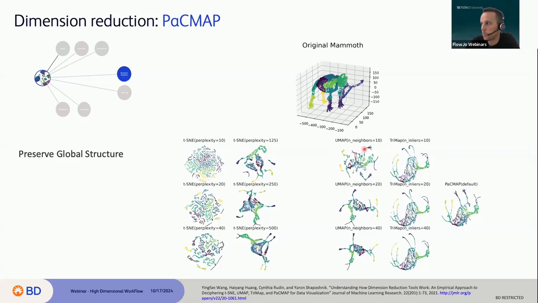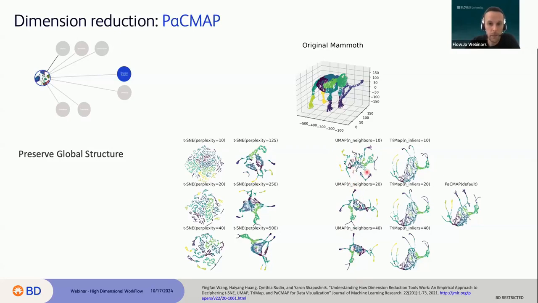We can see the different populations. We can see the two legs. We can see really well the toe of the legs in this case, but it really doesn't look much like a mammoth in any case when we change the number of neighbors.